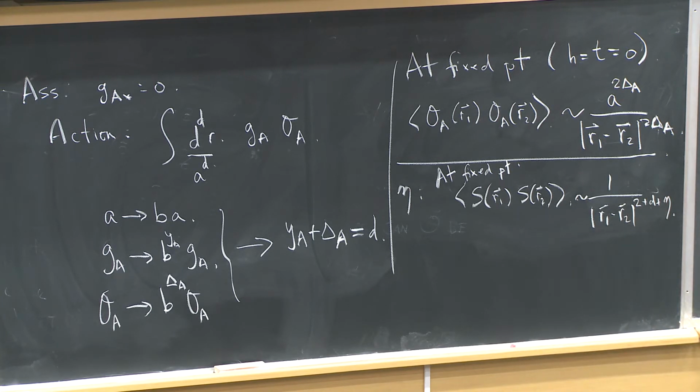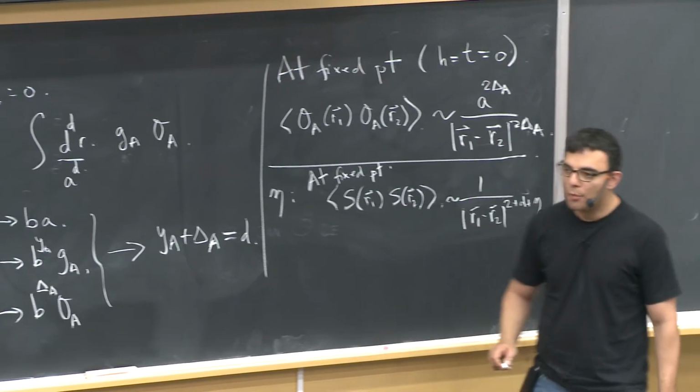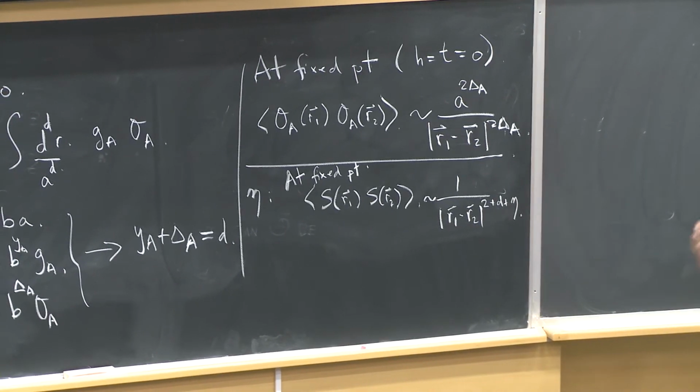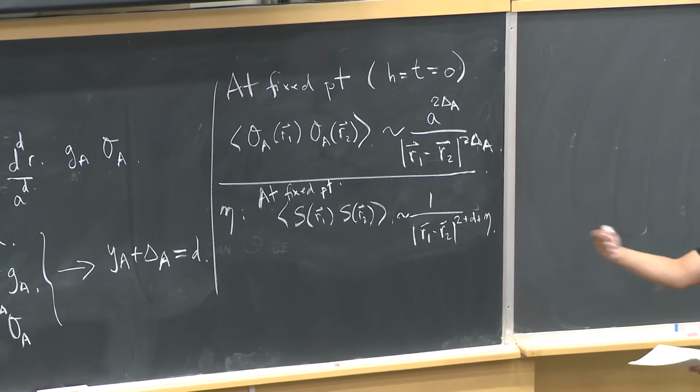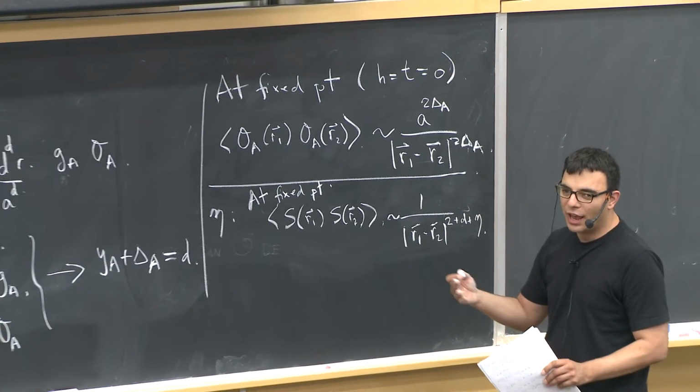So this is just a trivial application of this formula. In that case, the spin is the operator that is proportional to magnetic moment. The magnetic moment is whatever multiplies the magnetic field in the action.